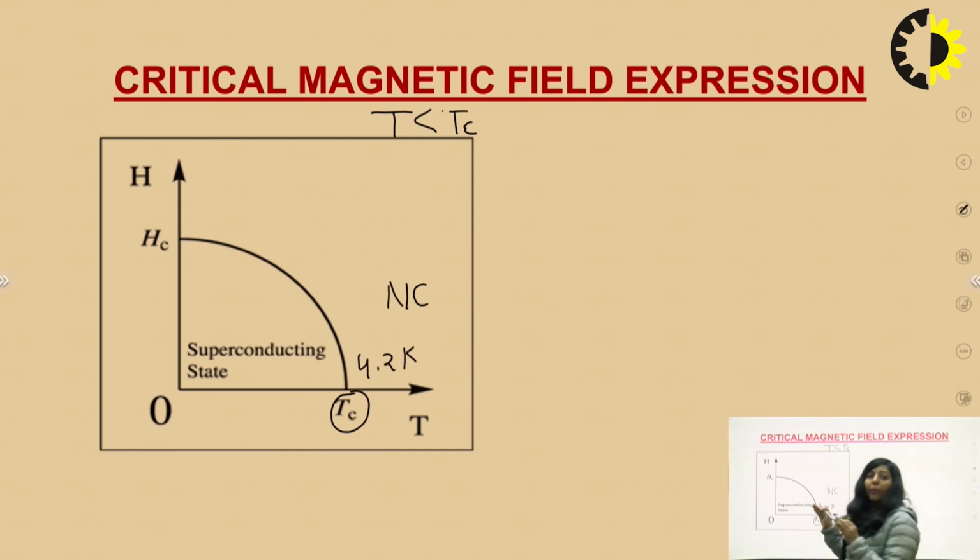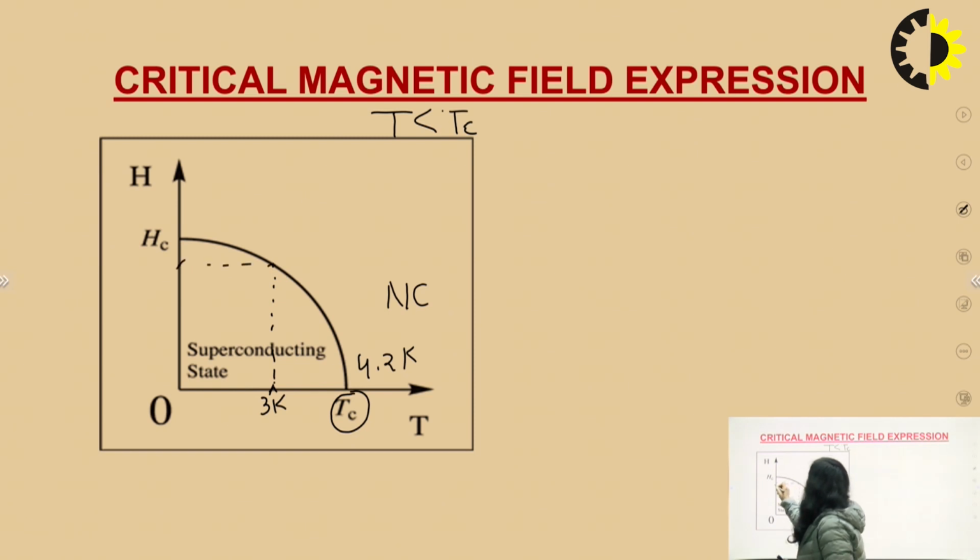So below 4.2 Kelvin, obviously mercury will be in superconducting state. Now below this, I am taking a temperature 3 Kelvin. So at 3 Kelvin, this particular magnetic field is the minimum amount which is required to change the state of mercury from superconducting state to normal state.